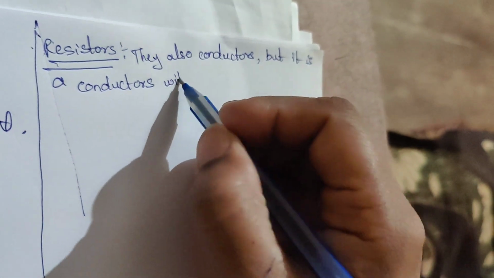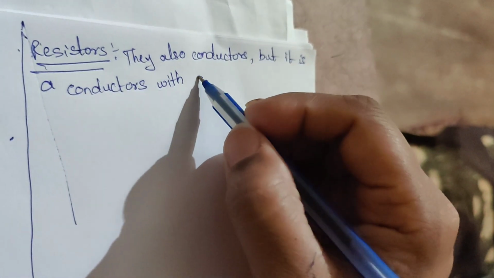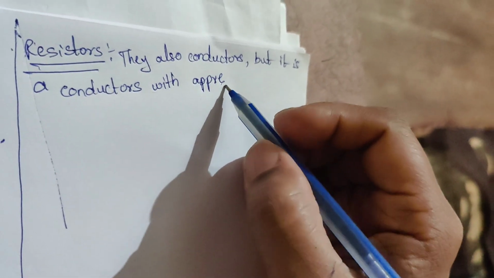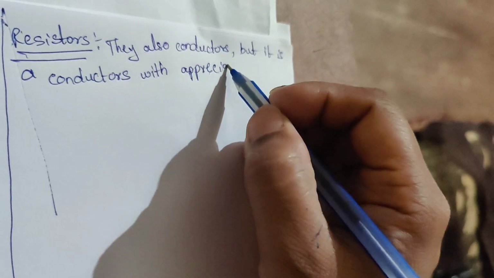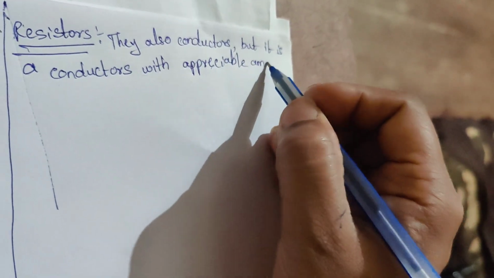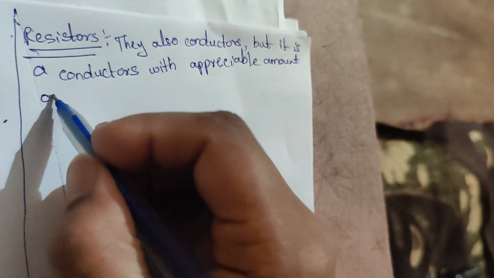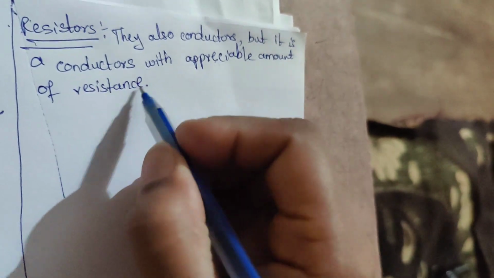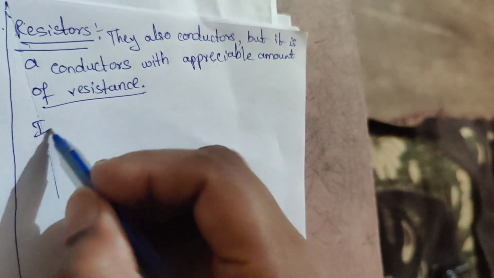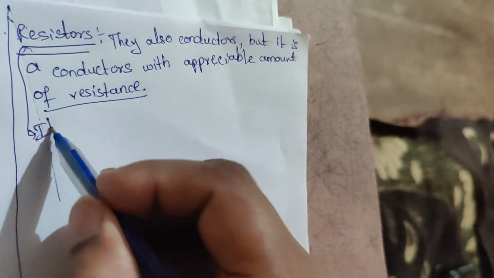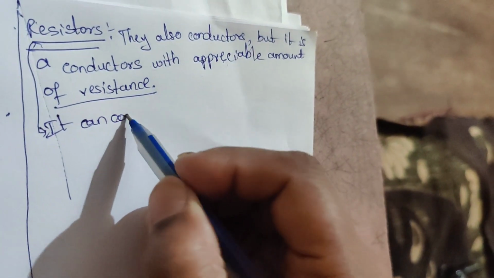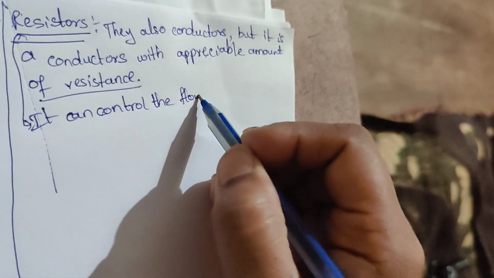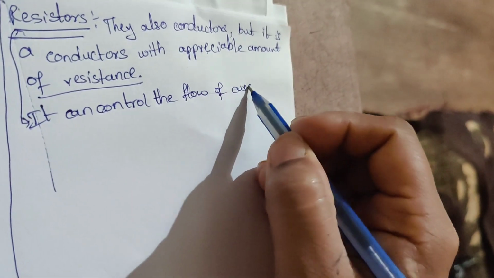It will avoid a certain amount of current, it will conduct like that. It can control the flow of current.